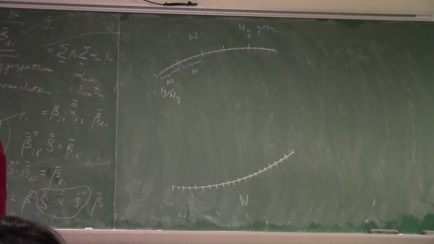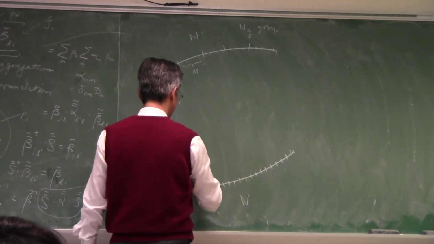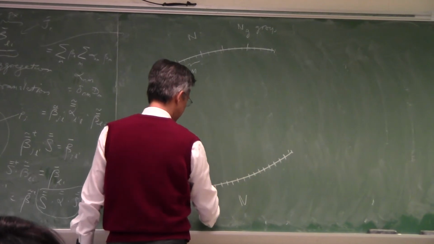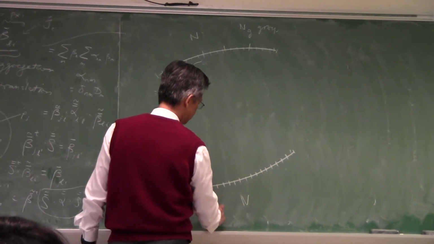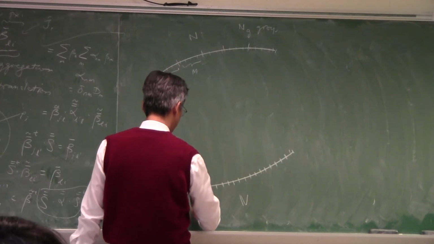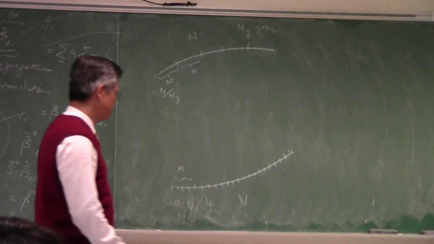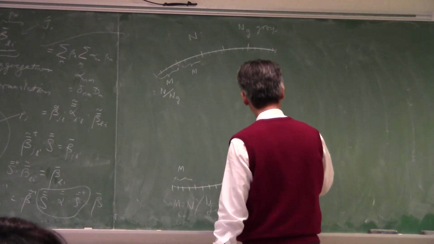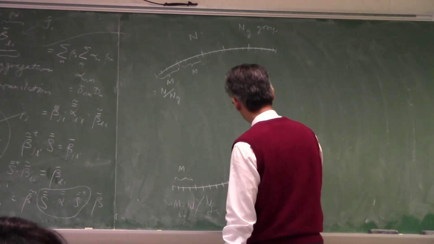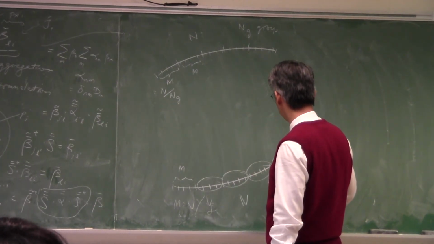I do grouping, and then I do the same thing over here. I break this into groups, and there will be ng groups, and then m is equal to n over ng. So I have grouping, grouping, grouping, grouping, and each of them has m elements.